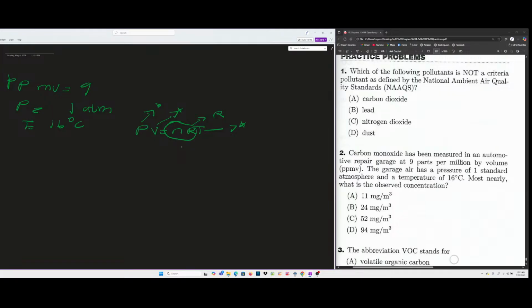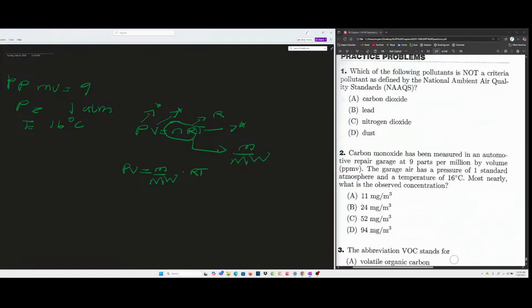Moles is mass over molecular weight. So our formula is going to be PV equals mass over molecular weight, times RT.